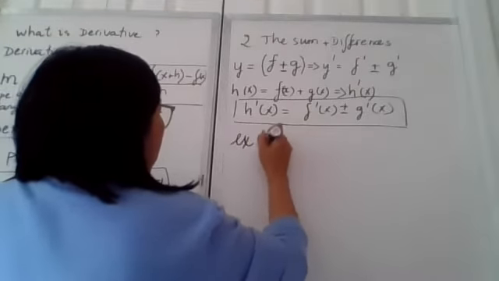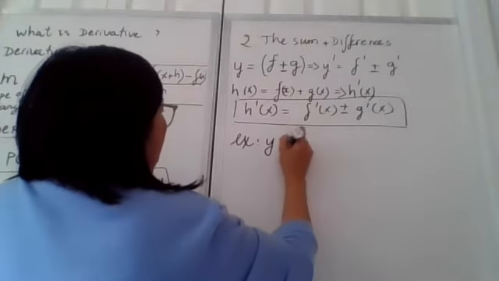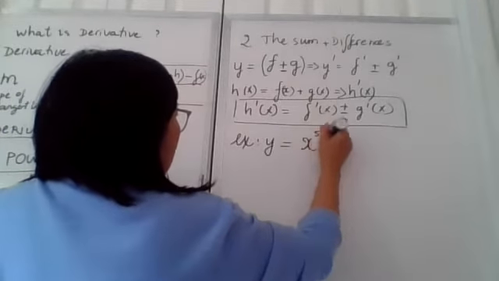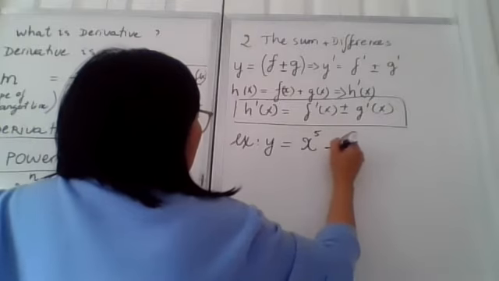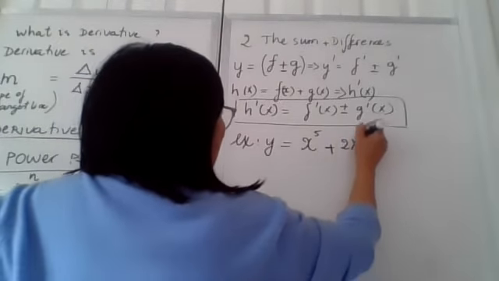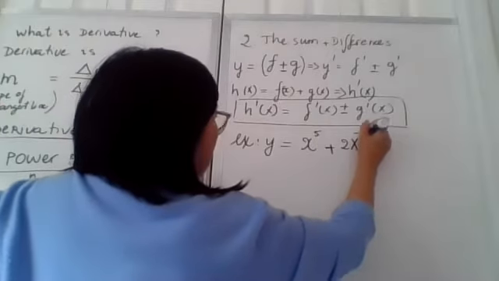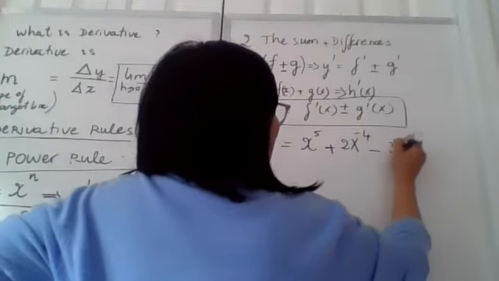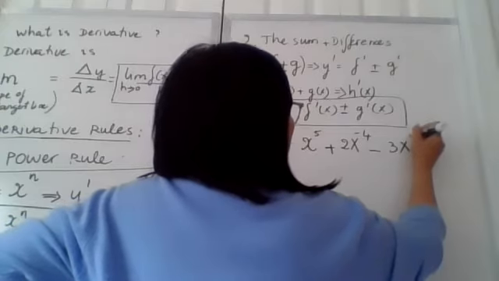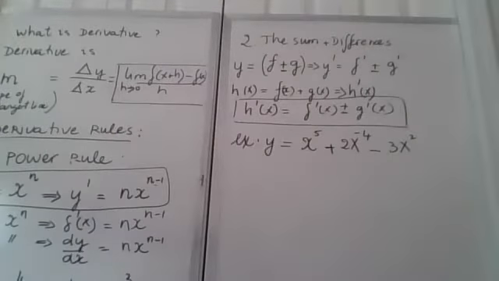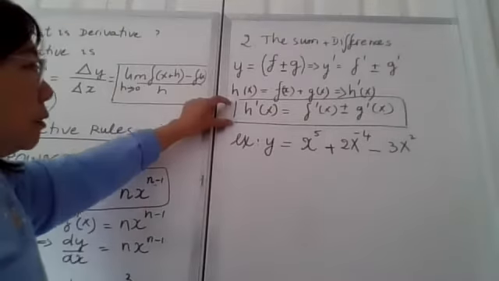Let's say you have a function y equal x to the power 5 plus 2x to the power minus 4 minus 3x to the power 2. So how do we apply this sum and differences rule?